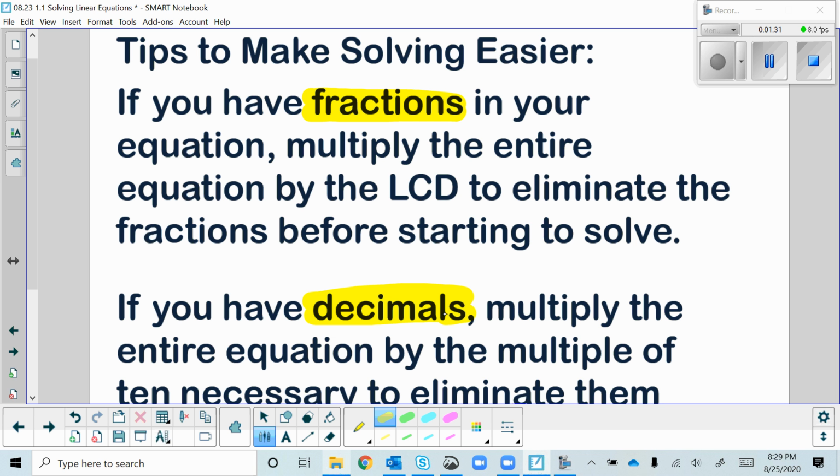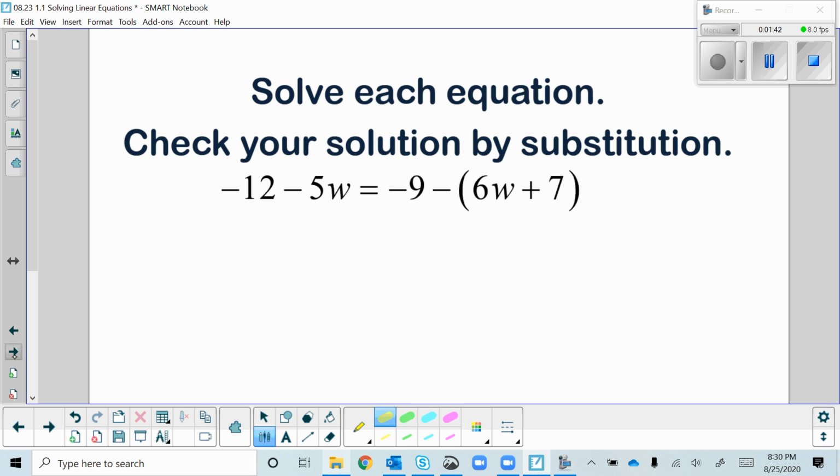We'll talk about a technique for each to make those simpler to solve. And then this is our first example. It might feel like I skipped over all those words, but I'm going to talk about all of that as I'm teaching you the problems, all right?